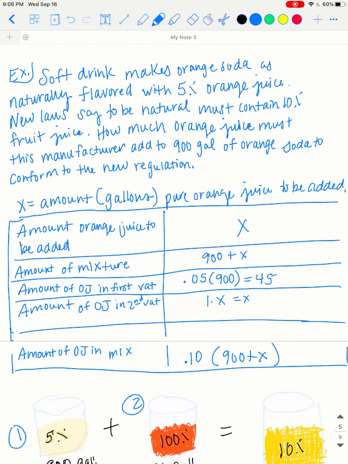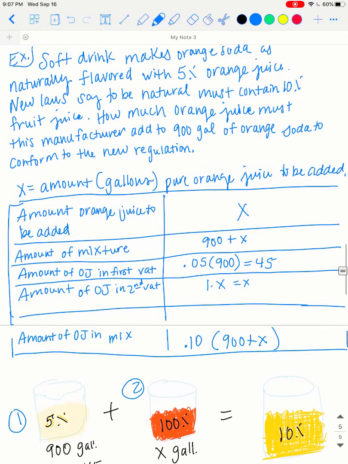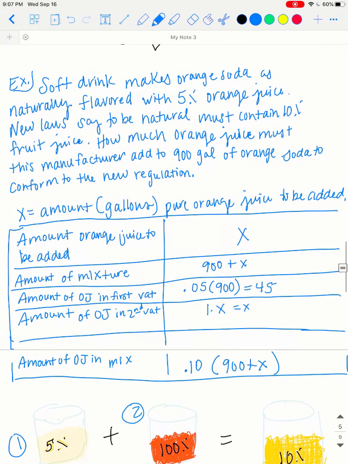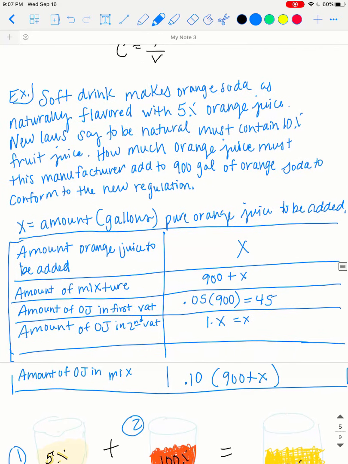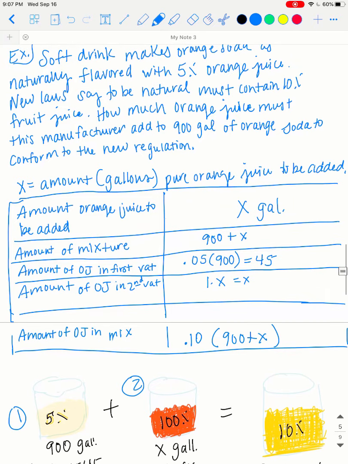So let's set X equal to the amount in gallons of pure orange juice that needs to be added to the already made 900 gallons of orange soda. So we're setting the amount of orange juice to be added as X. Let me put gallons here so it's a little bit easier.